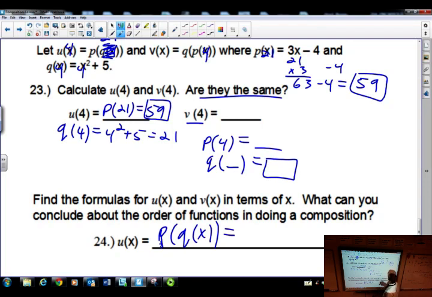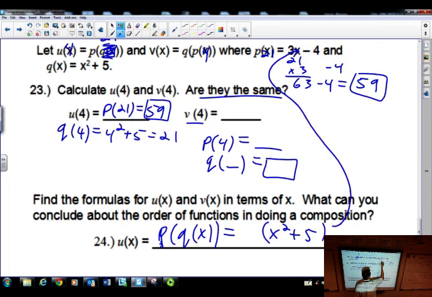You can do it. So we're going to take q of x, which is, where's q of x? Here it is, x squared plus 5. We're going to plug that into p of x, so this whole thing goes right into the x. I put a 3 there, because that's next to the x, and a minus 4. And in place of x, I put x squared plus 5.